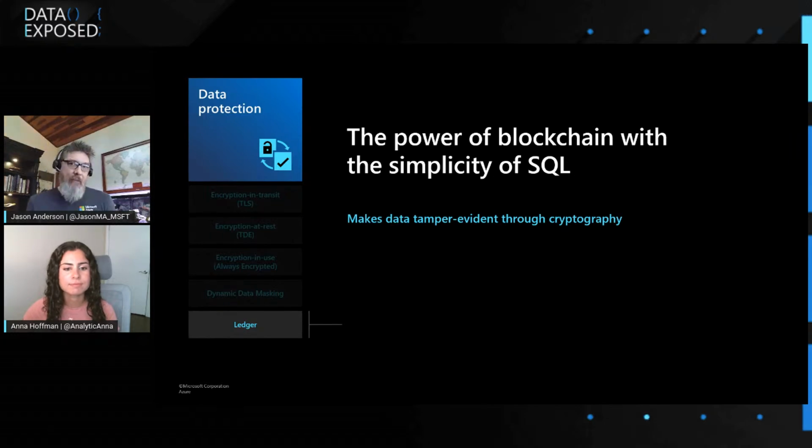But systems that are fundamentally centralized, like systems in databases today, don't need to be decentralized to provide that level of tamper evidence. That's exactly what we're doing with Azure SQL Database Ledger: making data tamper evident through cryptography. It's very similar to the cryptographic elements that we use in blockchain today, which we'll walk through.